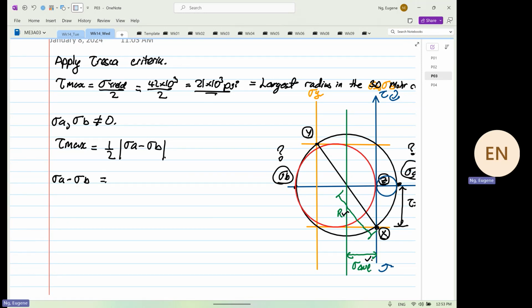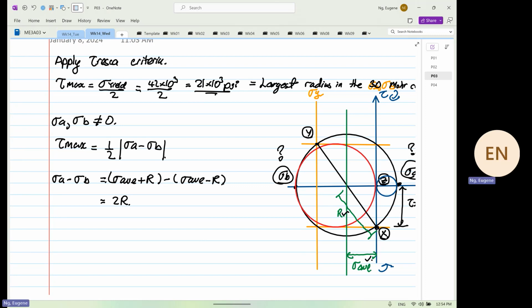So stress A minus stress B is stress average plus radius, like what we had before, and then minus stress average minus R. So this will be equal to 2R. Okay. So stress A minus stress B is equal to 2R.